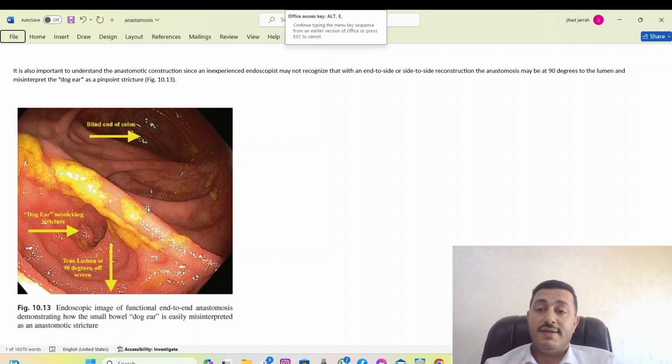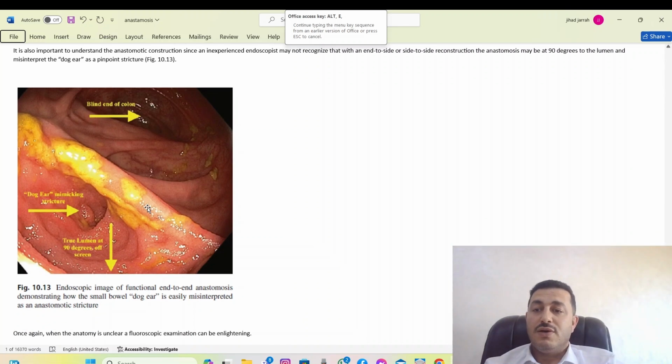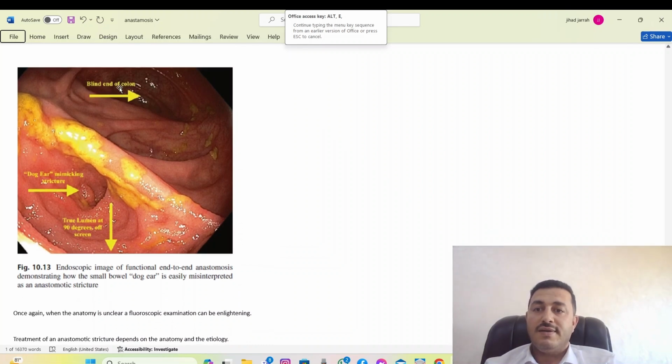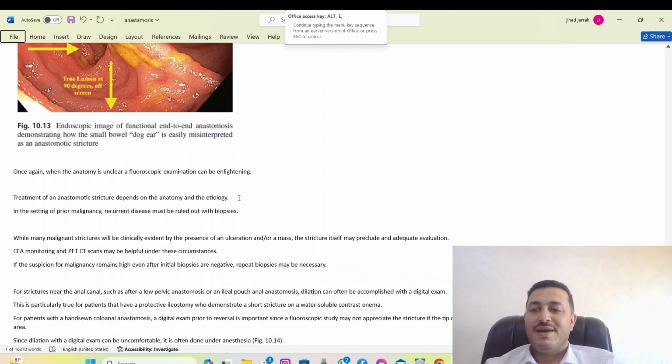Is it side to side, end to end? Because sometimes he may mistake the configuration for a stricture. So, as you see here, a blind end of the colon, a dog ear mimicking stricture, but this is a dog ear due to end-to-end anastomosis.